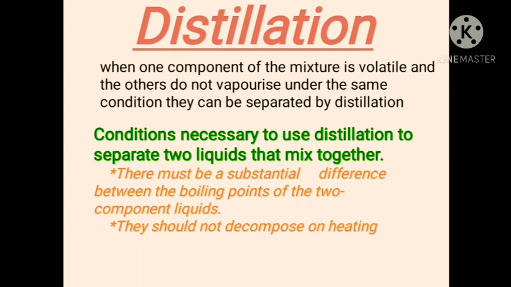Distillation is used for separating the components of a mixture with a big difference in their boiling points, and the next one, fractional distillation, is used to separate a mixture with close boiling points. And the separating funnel is used for separating mixtures with different densities. So we studied these three separating methods in this class.